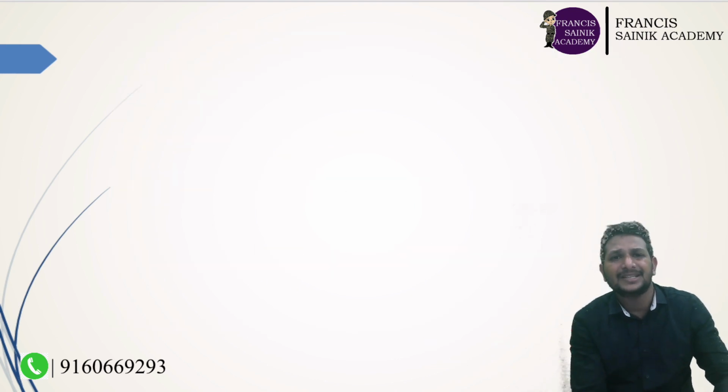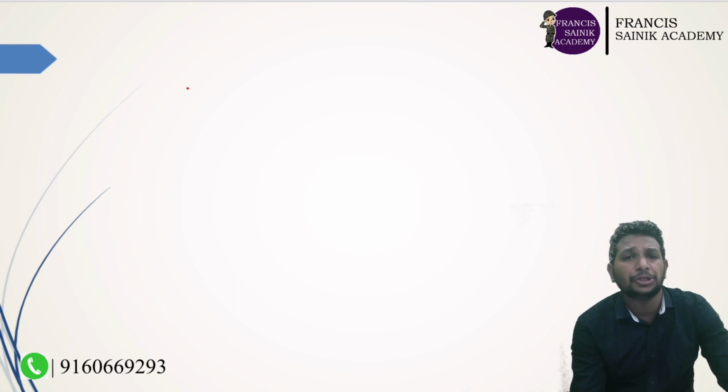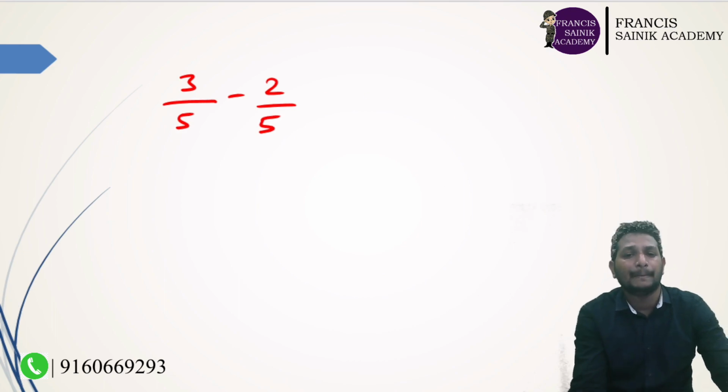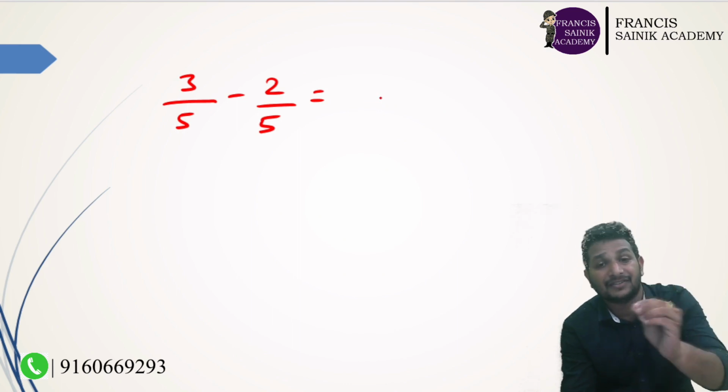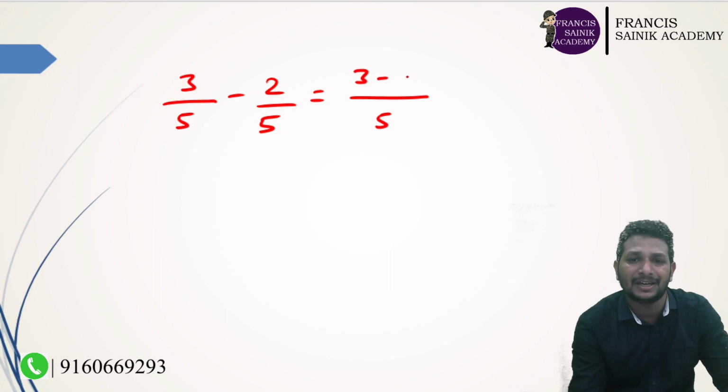Let's see how to do subtraction here. I want to do subtraction for 3 by 5 minus 2 by 5. As I told you, as these are like fractions, write the denominator as it is and simply subtract the numerators.